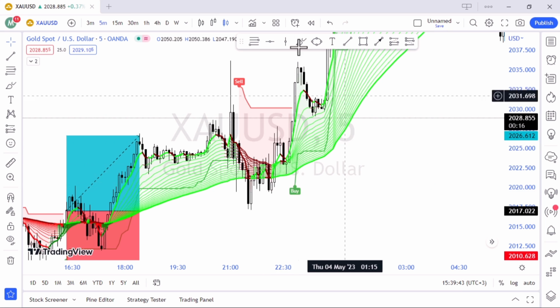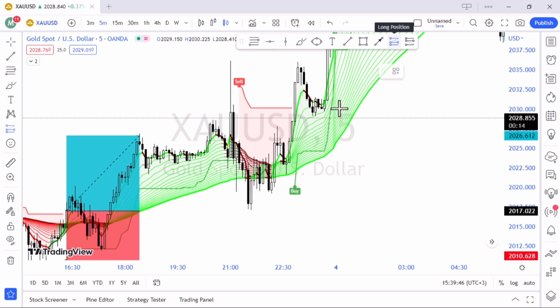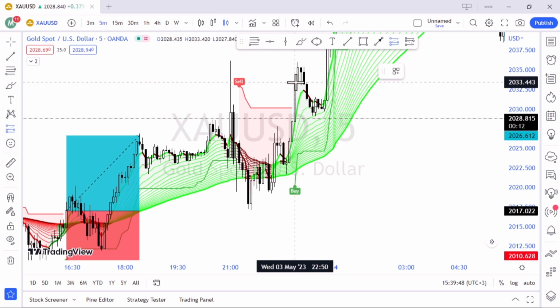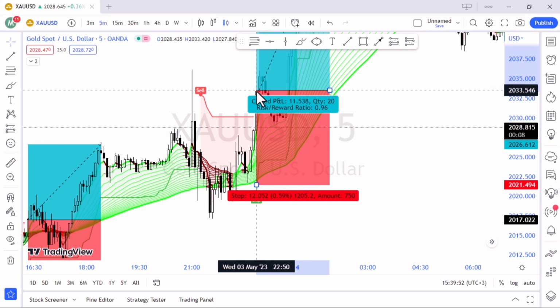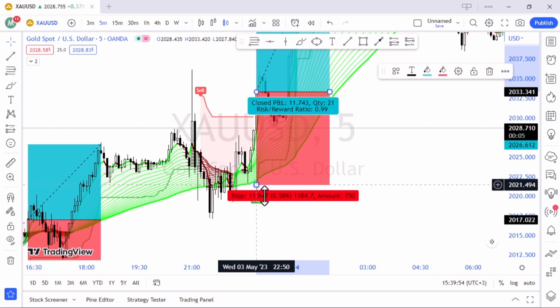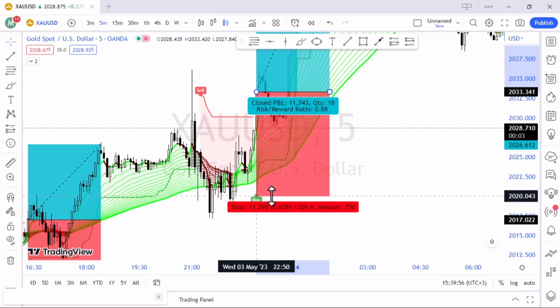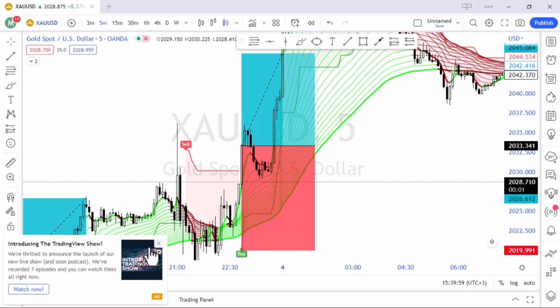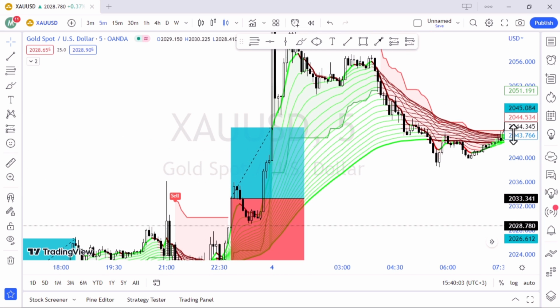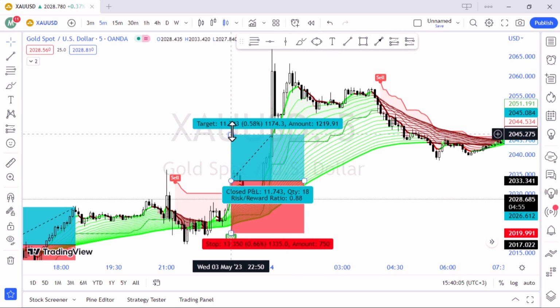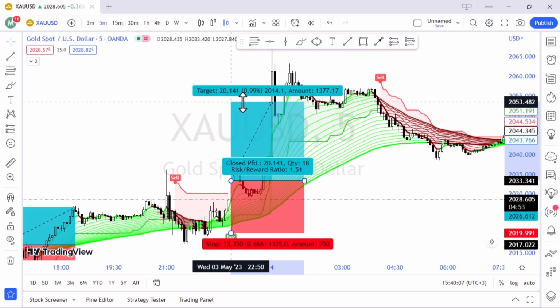I have a buy signal, so I'm going to enter a trade by the close of this candle, just this one here. Then I'm going to set my stop loss at the signal here, and my target point should be 1.5 times bigger than my stop loss. So let's do that. And yeah, it was a beautiful trade and it played out.